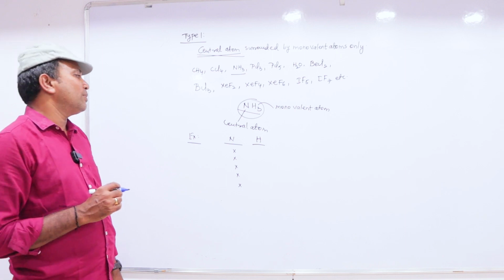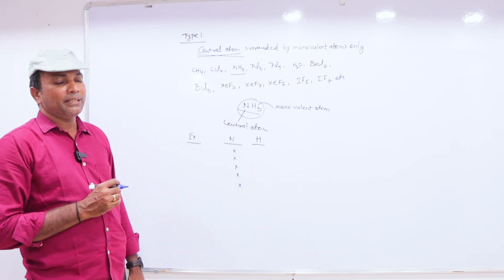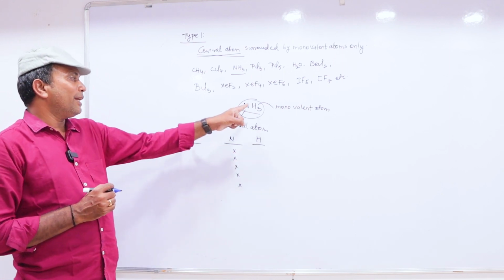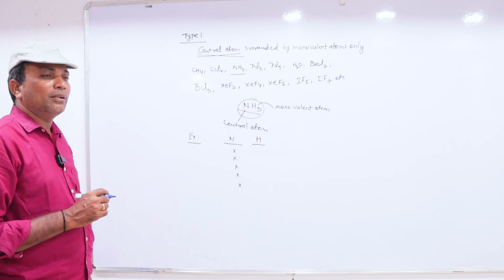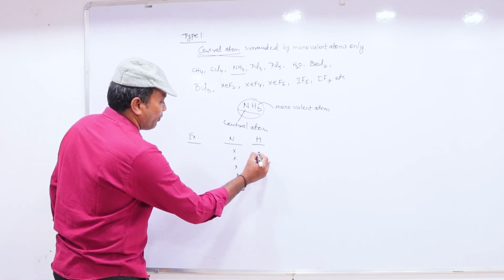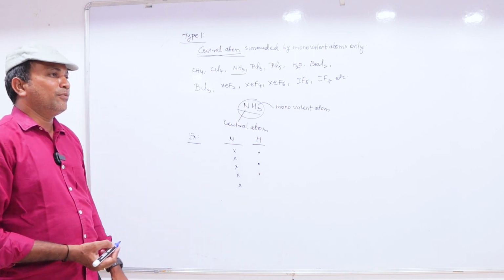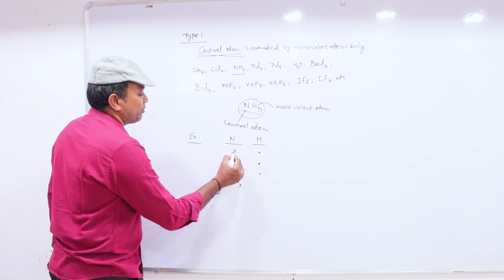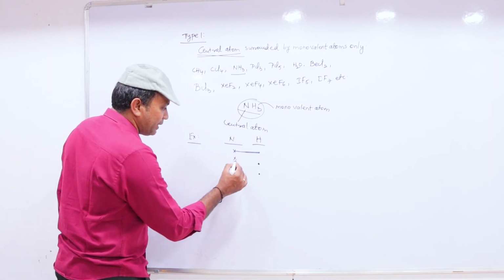For each hydrogen, one electron participates in the bond formation, because the hydrogen valence electron is only 1. Because it is a monovalent atom, only one electron is involved in bond formation for each hydrogen.